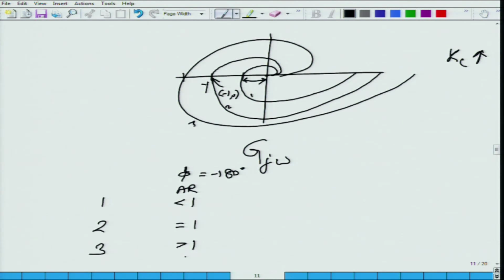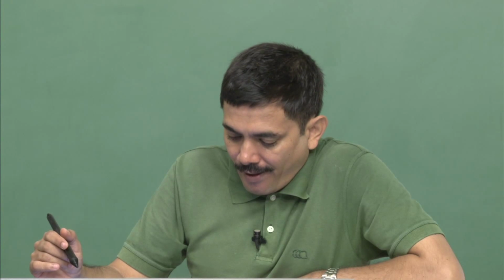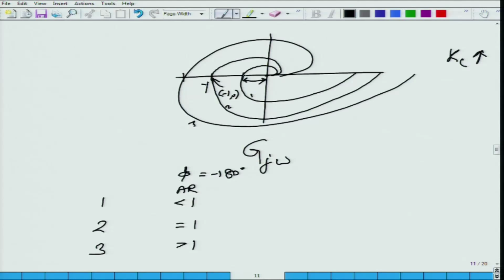So, you can clearly see that if I am plotting the Nyquist plot or the polar plot of the open loop system transfer function, then at the frequency where the angle is minus 180 degrees, the amplitude ratio is less than 1, equal to 1, or greater than 1.